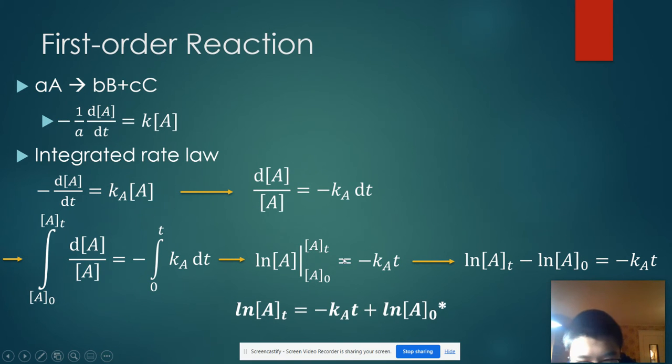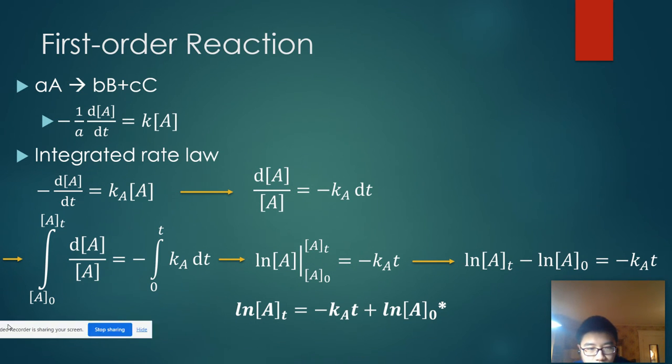That means if we add the natural log of [A]_0 on both sides, the natural log of [A]_t equals negative k_a times time plus the natural log of [A]_0.